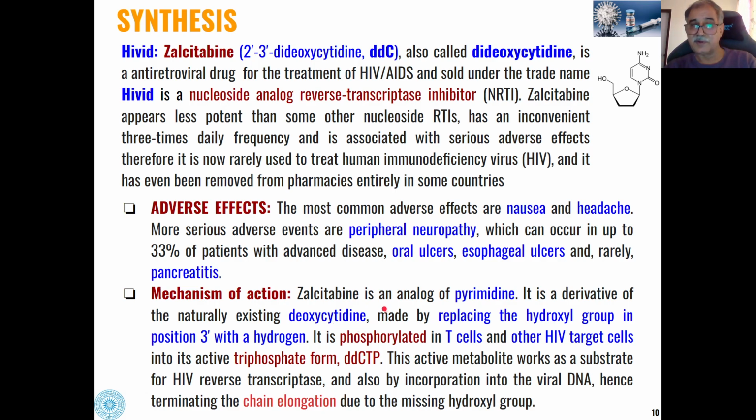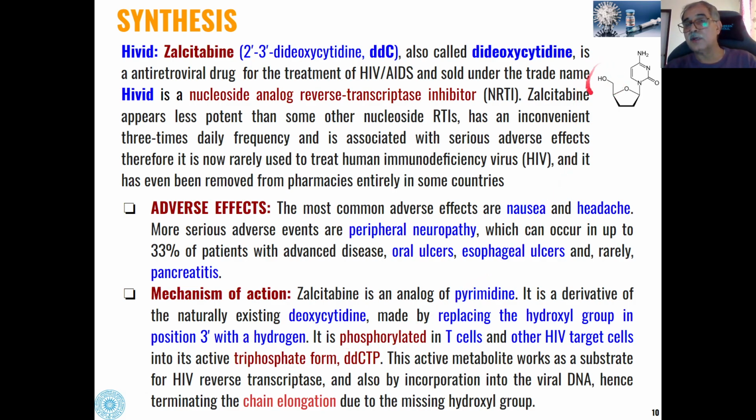Here, this is a pyrimidine analog. It is derived from deoxycytidine by replacing the hydroxyl group over here with hydrogen. And in the T cells and other HIV target cells, it is phosphorylated into the active triphosphate form.